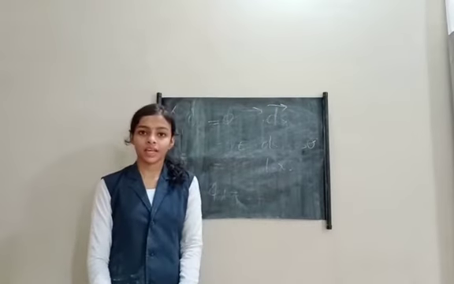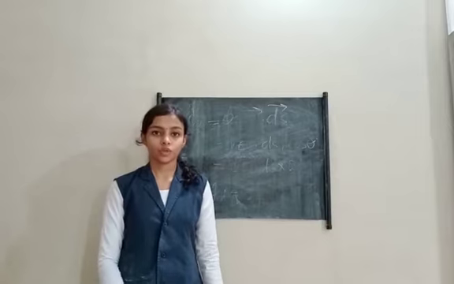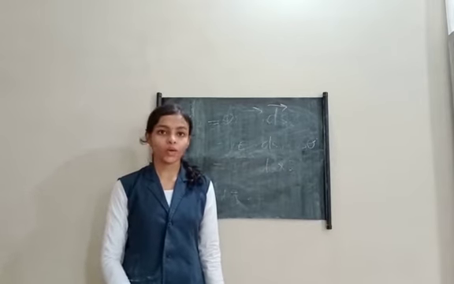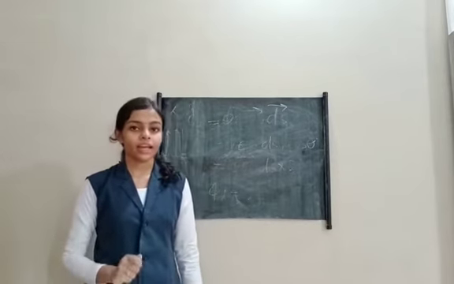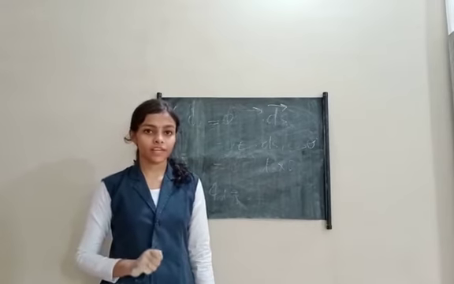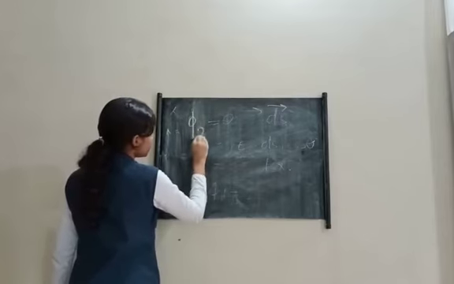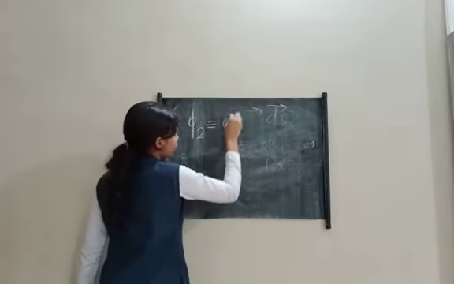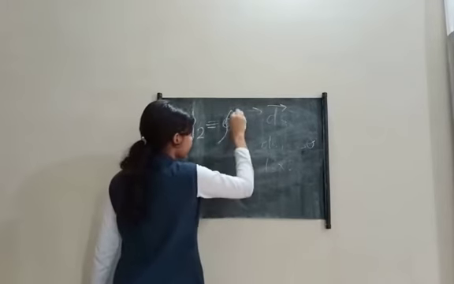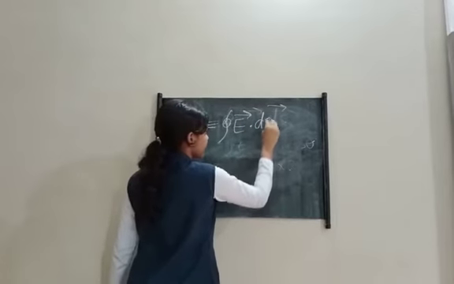Now we have to calculate the electric flux through the surface 2 or S2. For that, let phi2 be the electric flux through the surface 2. Phi2 equal to closed integral E dot ds2.